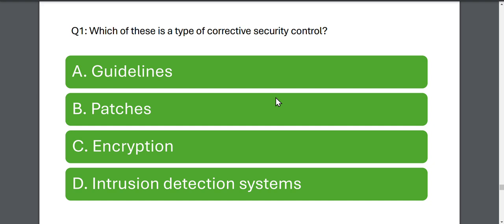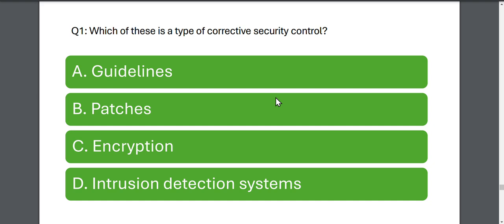So, which among these security measures or controls would be a corrective security control? You know what a corrective control is? Something that can restore something back to the state it was. Is it A, guidelines, B, patches, C, encryption, or D, intrusion detection system?